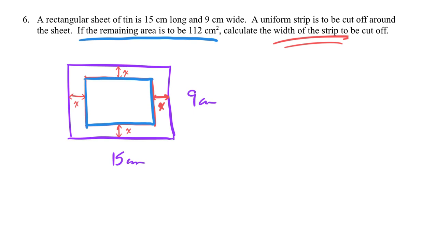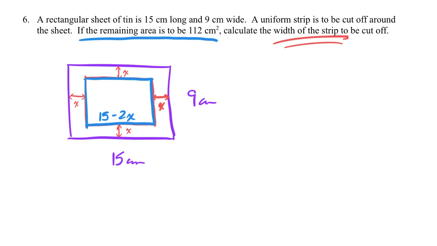If I drew that purple line all the way across, that is 15 centimeters. But then what I did is I cut off an x from that side. I also cut off an x from that side. That's what leaves me with the blue length. So the blue line is the 15 all the way across the bottom minus the 2 x's that I took off, one from each side. And that gives me the length of the blue rectangle.